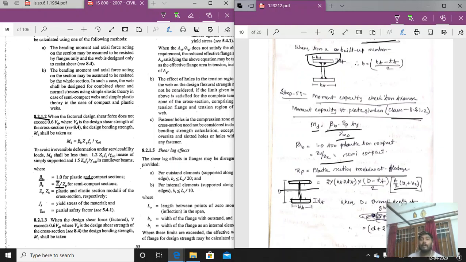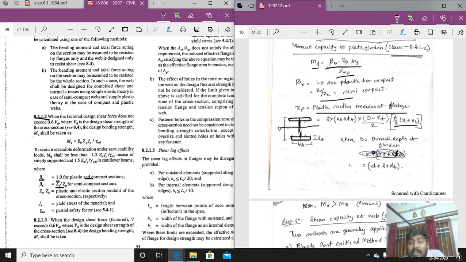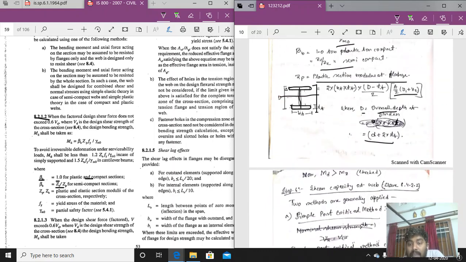This is the distance between y1 and y2. So this is the formula we will use to determine the plastic section modulus of the flange member. Okay, so by using that formula we have got it, and D is equal to the overall depth of the girder, that means the total depth of the girder. This is the total depth. That means small d plus 2 into the thickness of the flange. So putting that value, the MD should be greater than the MZ.